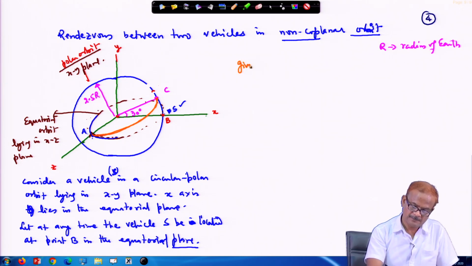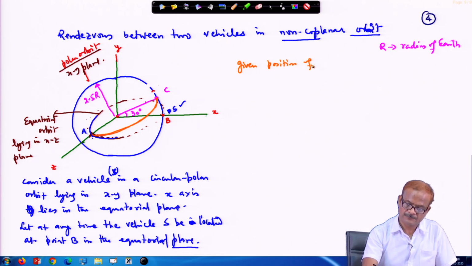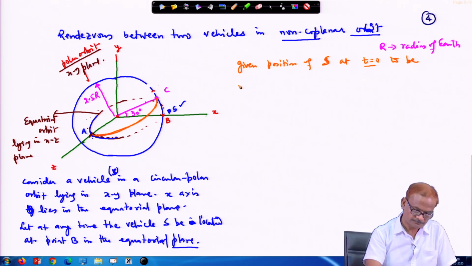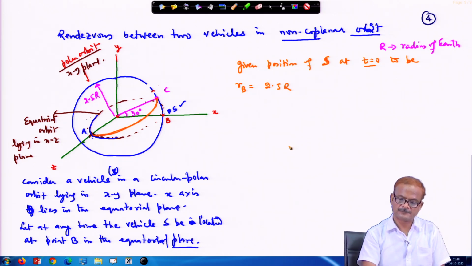Given the position of S at t equal to 0 to be R b equal to 2.5 r, where r is the radius of earth as written here.